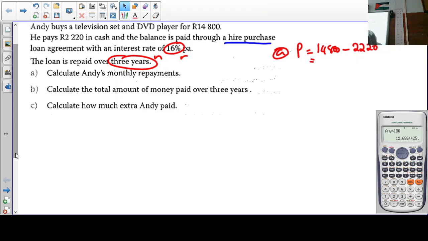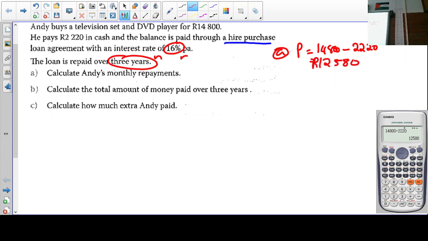Let's put that in the calculator. It gives us 12,580 rand. You all agree with that?